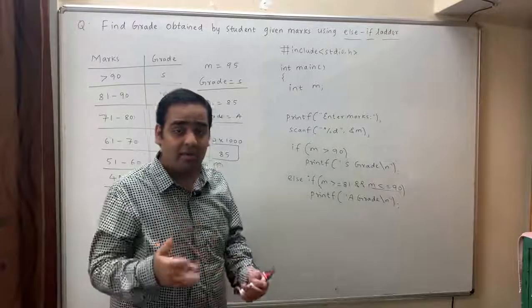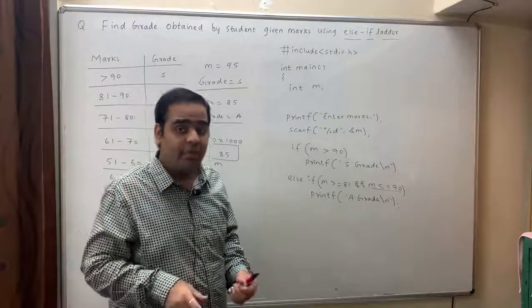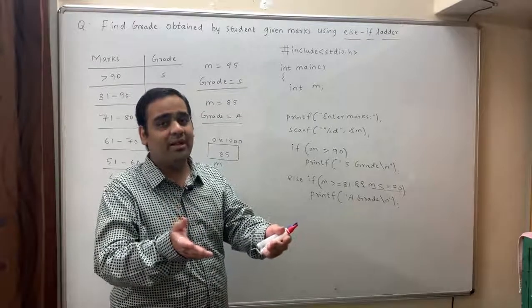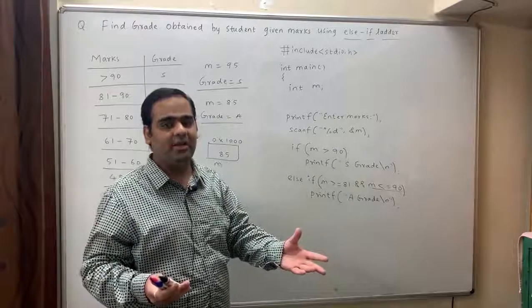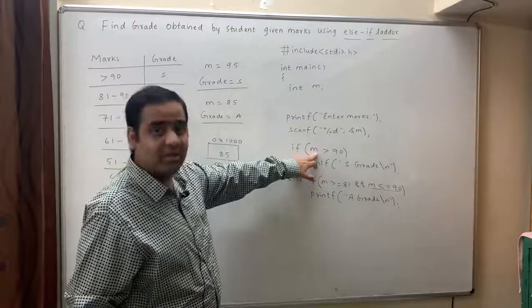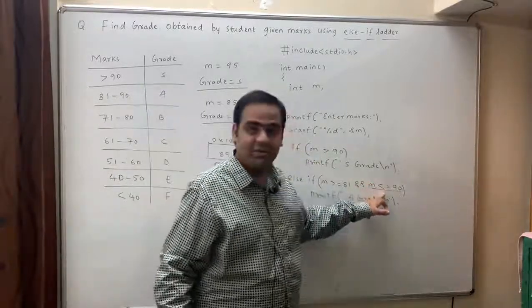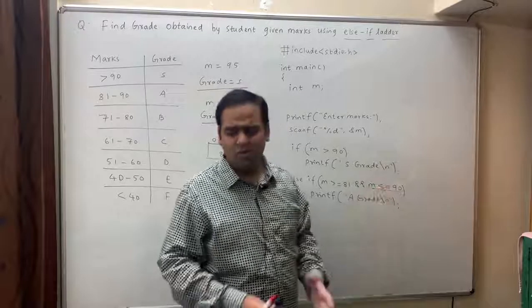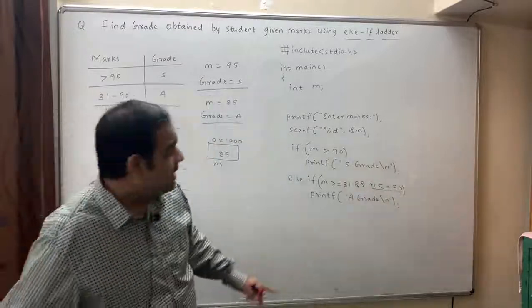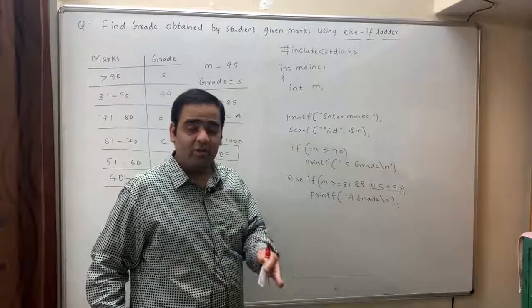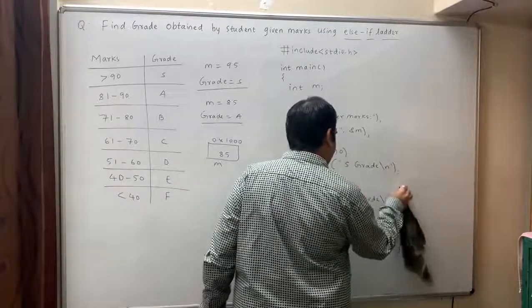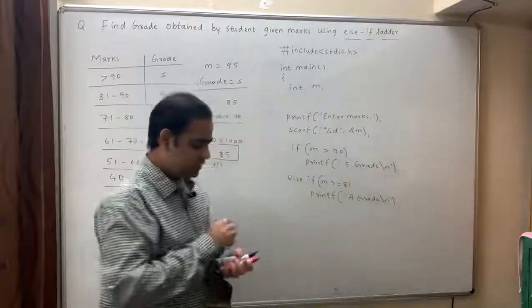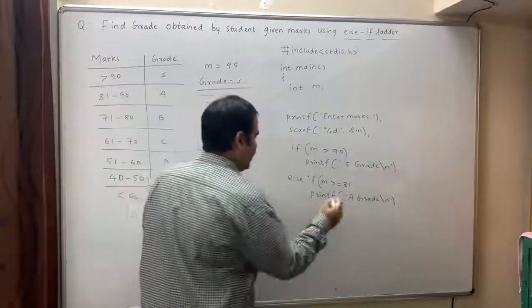If marks greater than 90 is false, it means marks is less than or equal to 90. Therefore, you have implicitly already checked the condition over here. Do you need to check the condition once again? There is no point in checking the condition once again. Even though if you check, nothing wrong, but there is no point. Therefore, I may skip writing this condition.